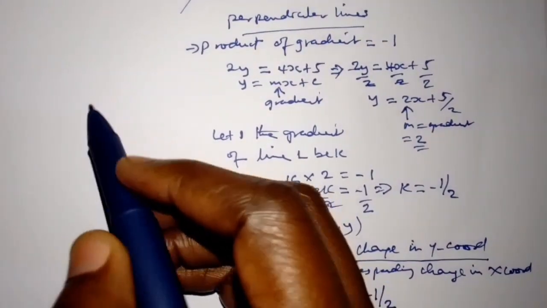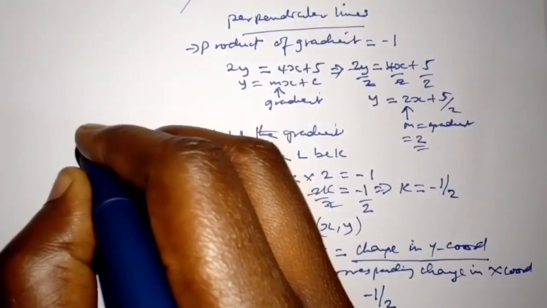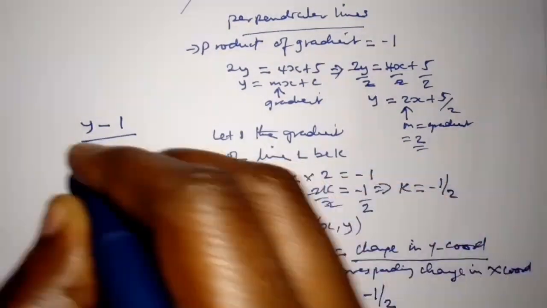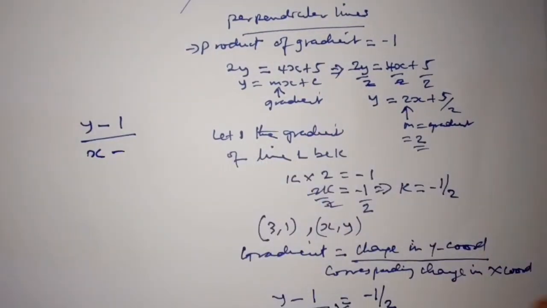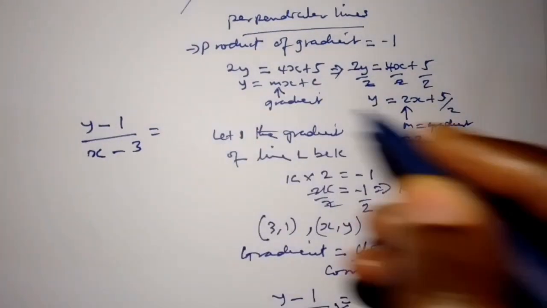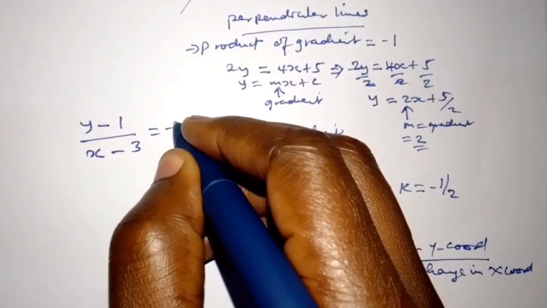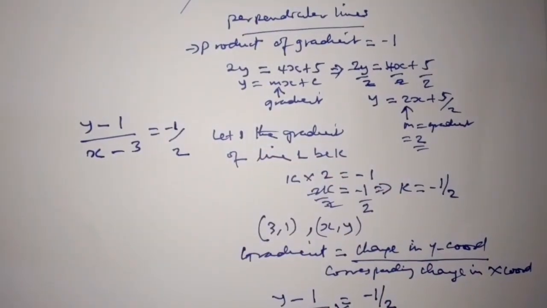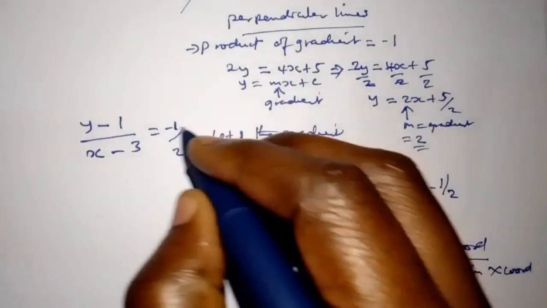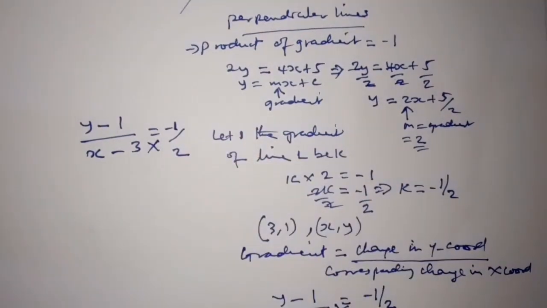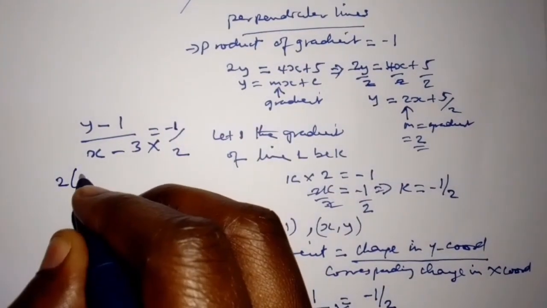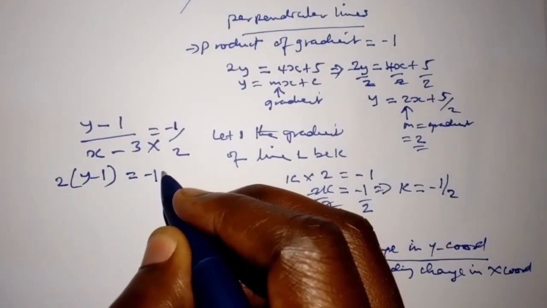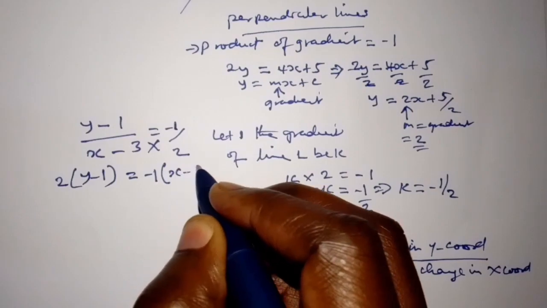Let us write it here: (y - 1)/(x - 3) = -1/2. So we cross multiply. This is 2 into (y - 1) is equal to -1 into (x - 3).